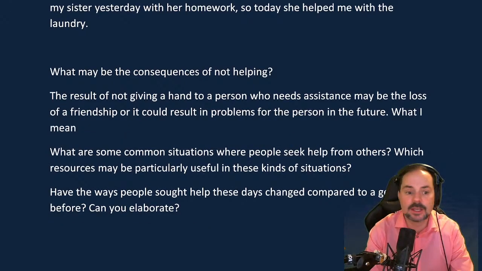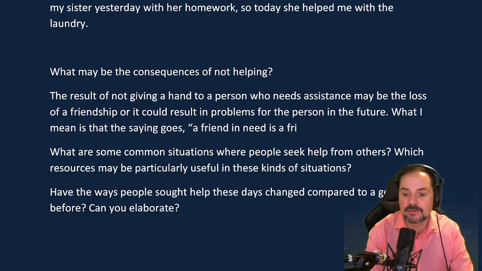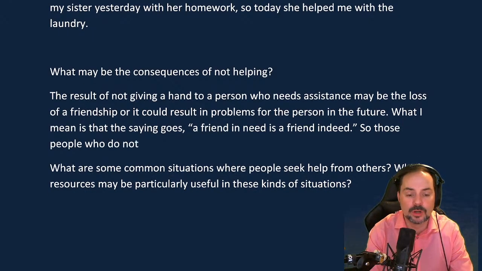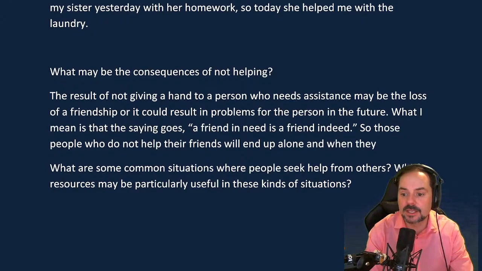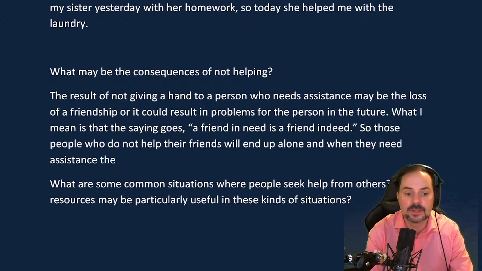What I mean is that the saying goes, a friend in need is a friend indeed. So those people who do not help their friends will end up alone, and when they need assistance, there will be no one to aid them.